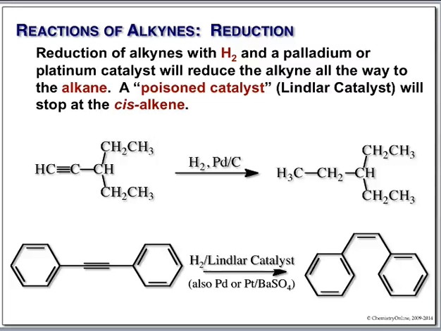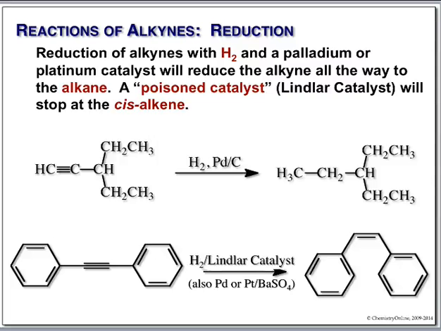Now remember, with an alkene, we put both hydrogens on from the same side, didn't we? We do the same thing with the alkyne, and because we put them both on from the same side, we now have cis stereochemistry.